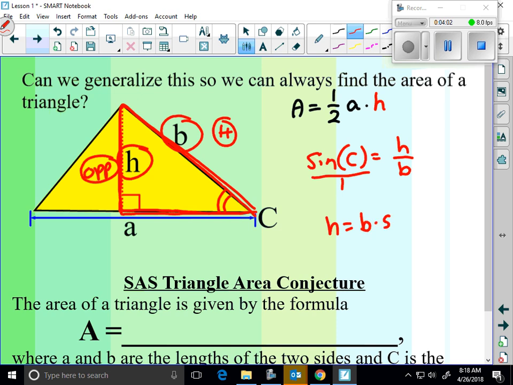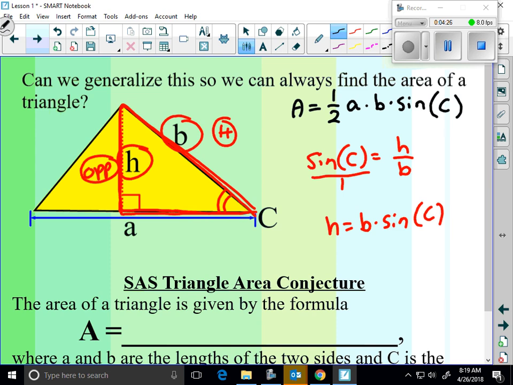Well, that's B times sine of C. So if the height is B times the sine of C, I replace this with B times the sine of C. And there's the area of any triangle.